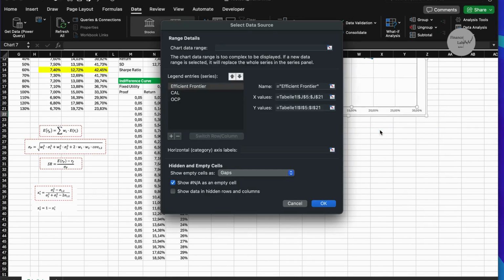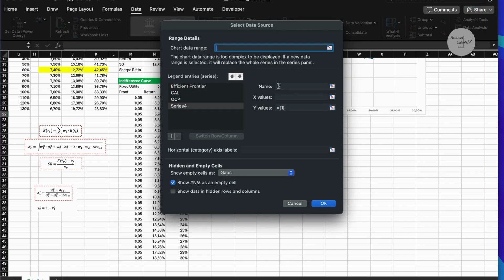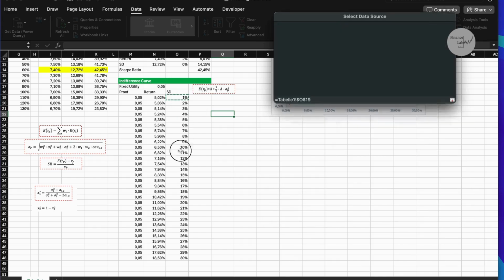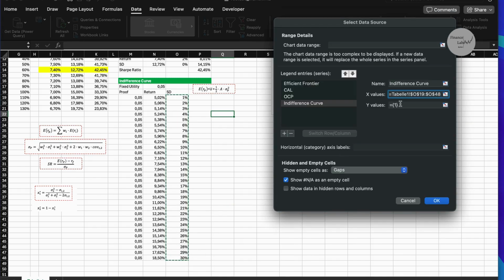We select the data, indifference curve. X values, I think you heard it the first time in this video, is the standard deviation.